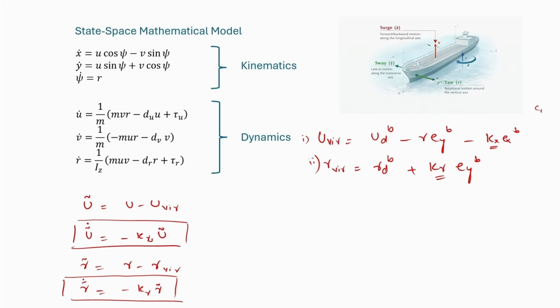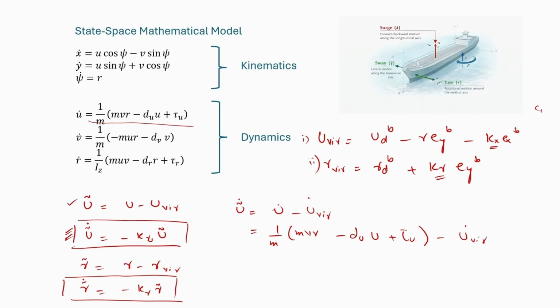Okay, so what's the first step? We will take its derivative because we want to achieve this criteria. So u tilde dot becomes u dot minus u virtual dot. We know from the dynamics that u dot is equal to 1 by m, we can see over here, 1 by m, mvr minus du, which is a constant, times u plus tau u, minus u virtual derivative.